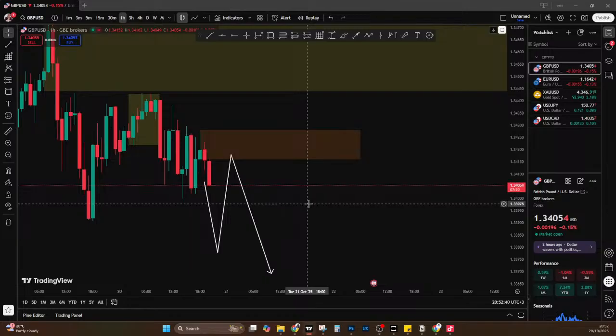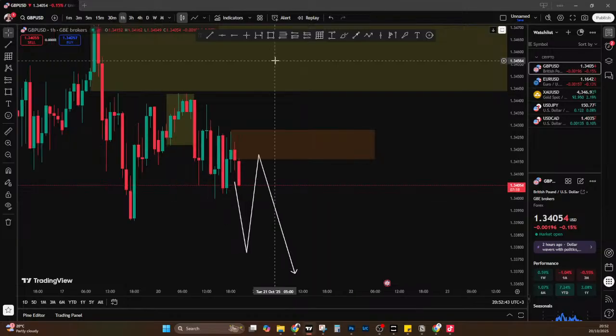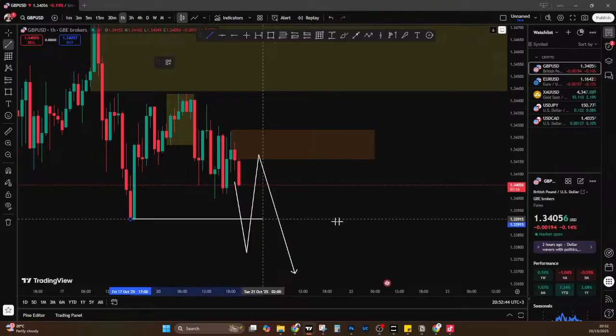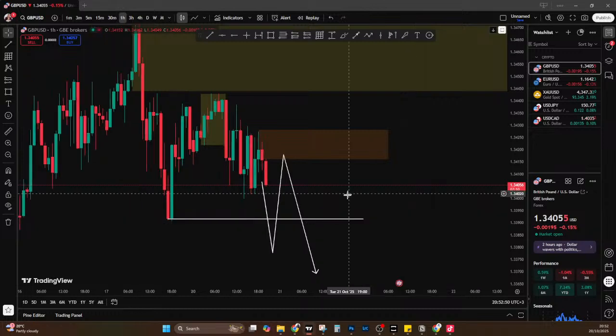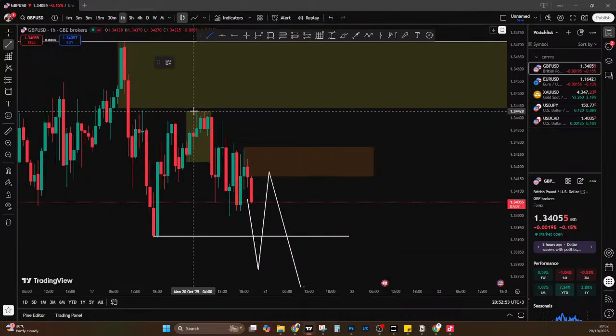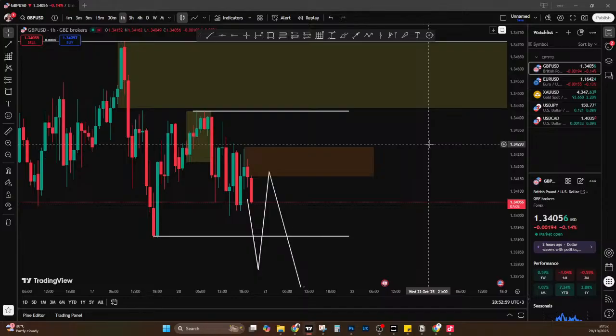So this is how you trade: unless and until this is taken out, you cannot look for sells. Unless and until this is taken out, you cannot look for buys. Unless what you are looking for is 10 pips, 20 pips, something like that.